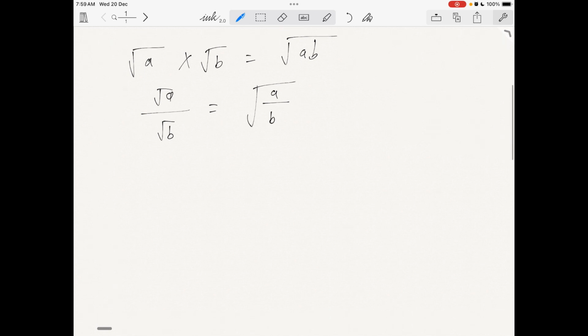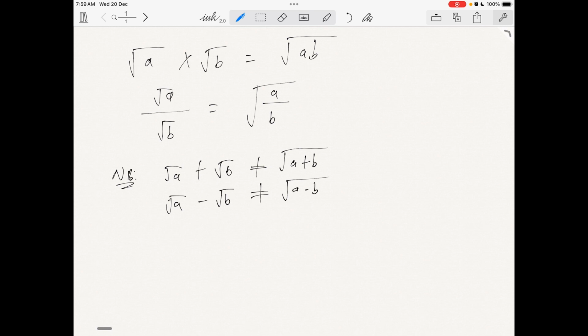Notice that we are dealing with multiplication and division, just like we have been doing in indices and logarithms. The most important thing to know is that root a plus root b is not the same thing as root of a plus b, and root a minus root b is not the same thing as root of a minus b.